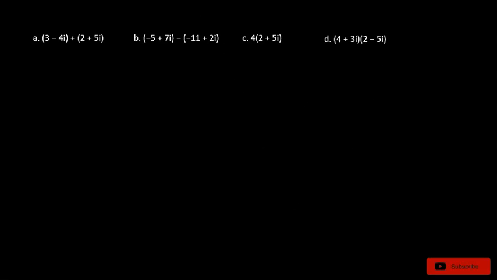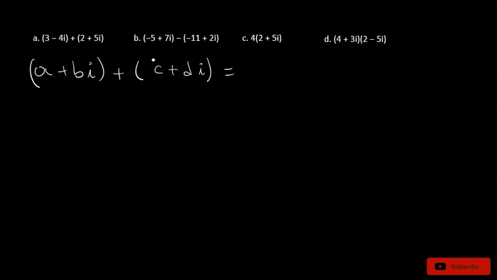If I want to add two complex numbers, for example a plus bi plus c plus di, this is equal to what?